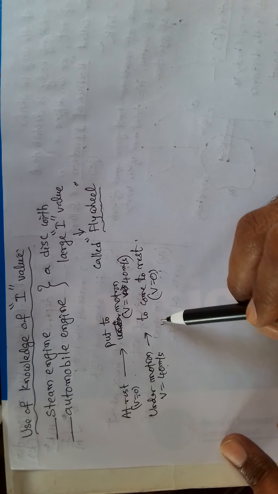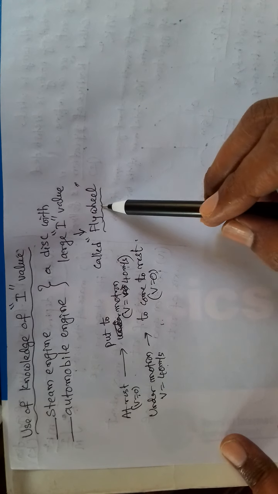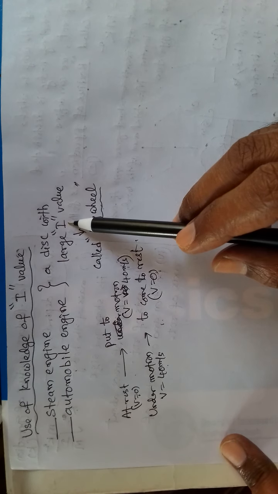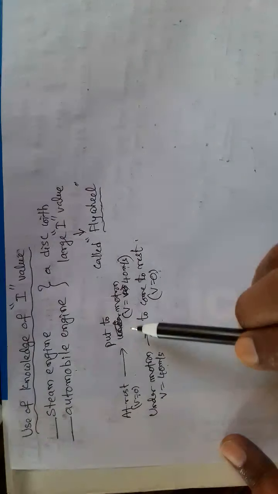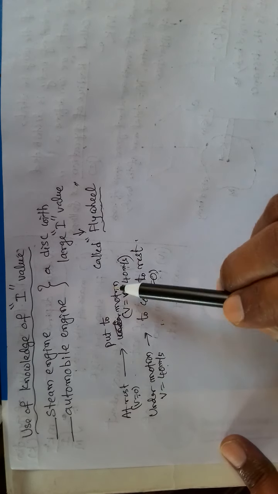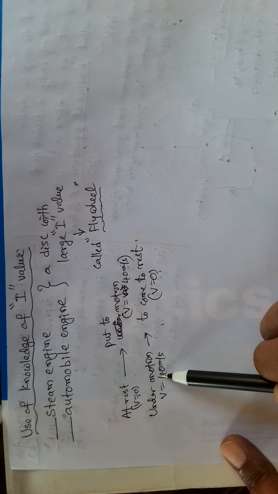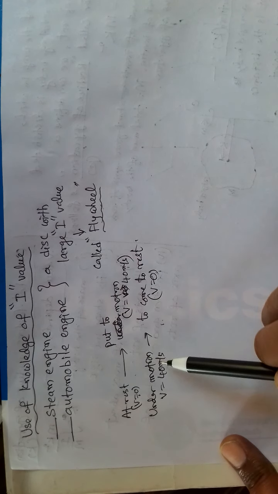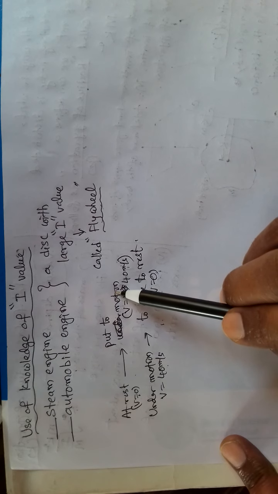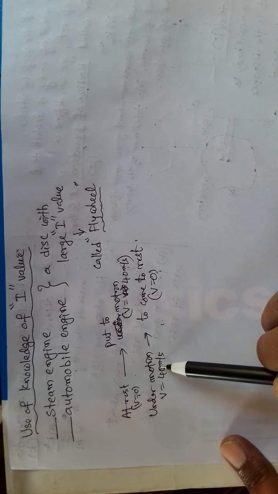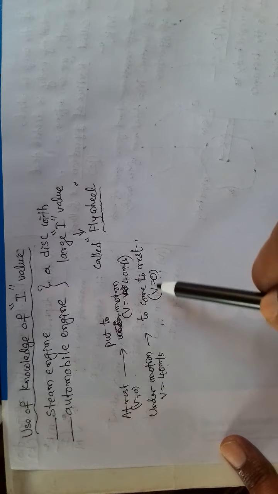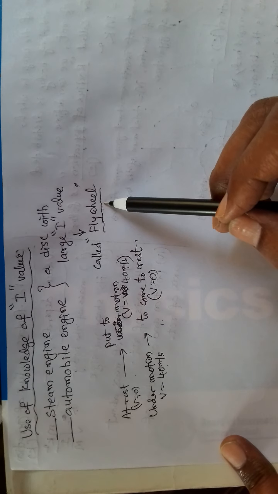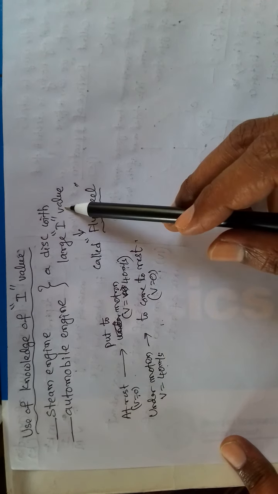So inside the vehicle, if we make use of flywheel, which is having large I value, it resists the motion. So we do not feel the jerky motion. Either it is put to motion or it is made to come to rest. It is gradually put to motion here, and it gradually comes to rest because of using flywheel having large I value.